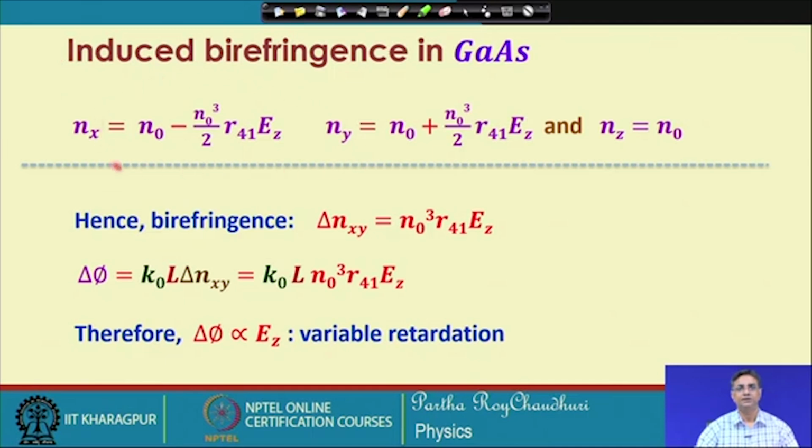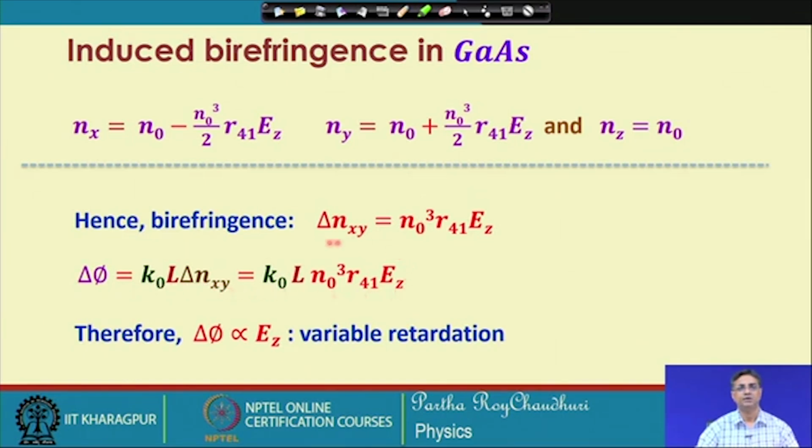The induced birefringence now is n x equal to this, which is less than n 0, and n y is more than n 0 by the same amount, n z equal to n 0, the original refractive index. Hence, the birefringence, that is the difference in n x and n y, will be just this quantity, because half of this here, half of this here. So, the phase difference will be k 0 L delta n x y.